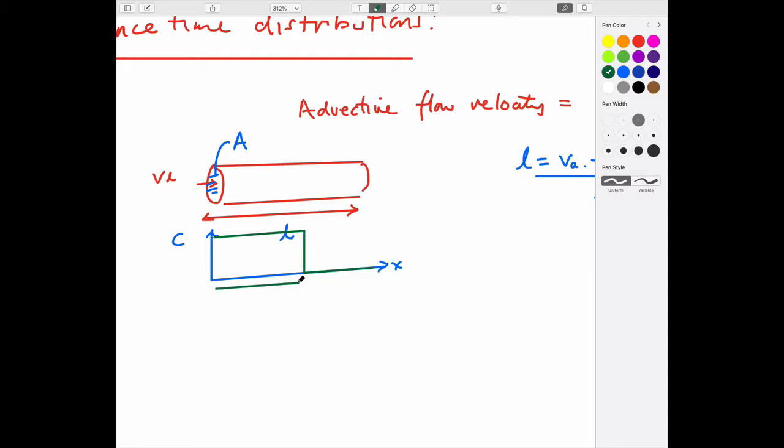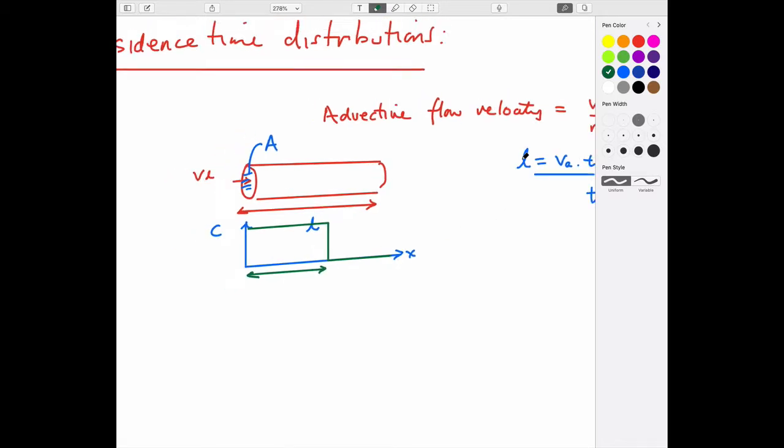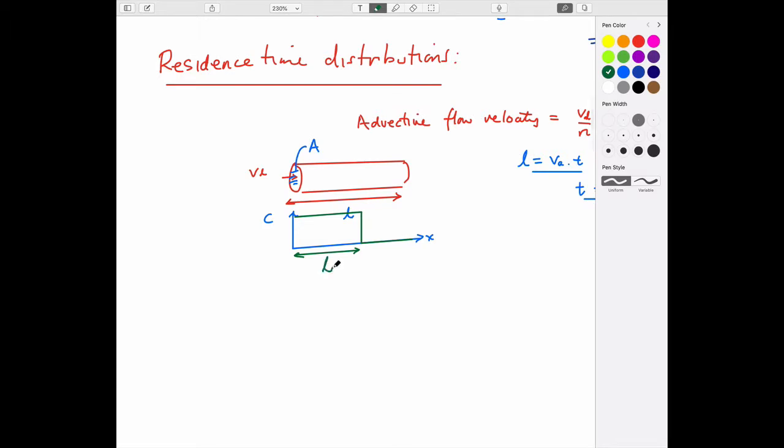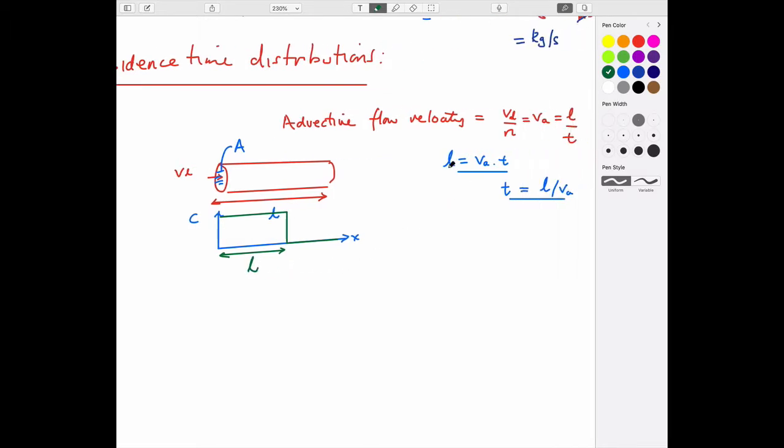And so this would be the length traveled at any given time. And this would be the concentration of the stuff as it goes downstream.